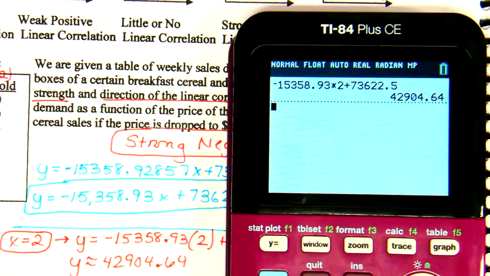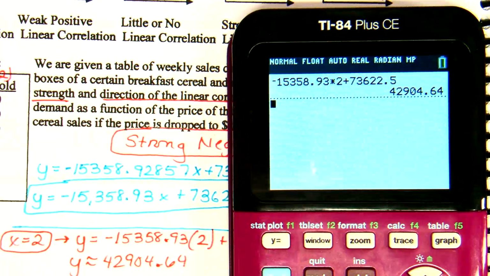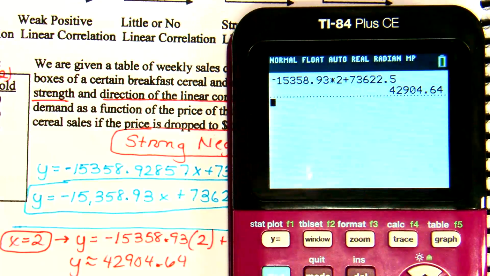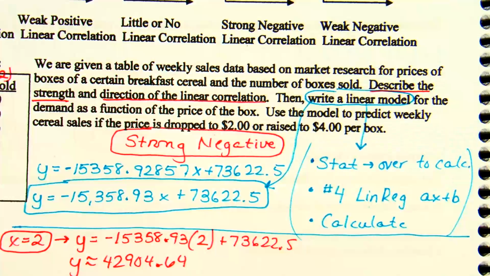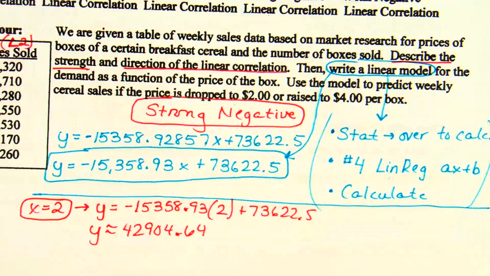Which, this Y value, what does this represent? What is the label here? What is Y? Boxes sold, yes? Does 42,904.64 boxes make sense? A big number is logical, right?